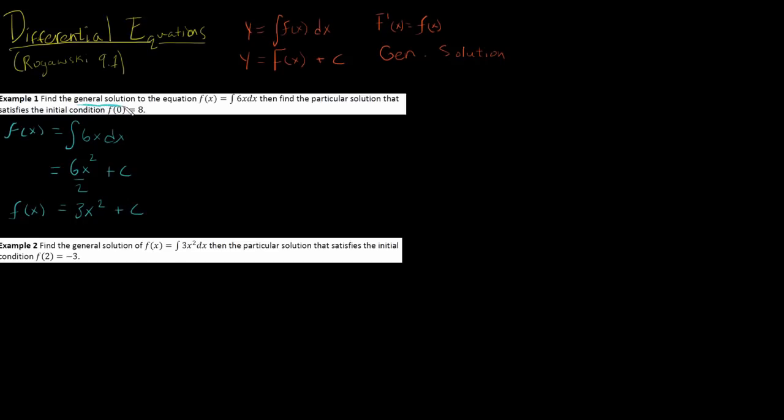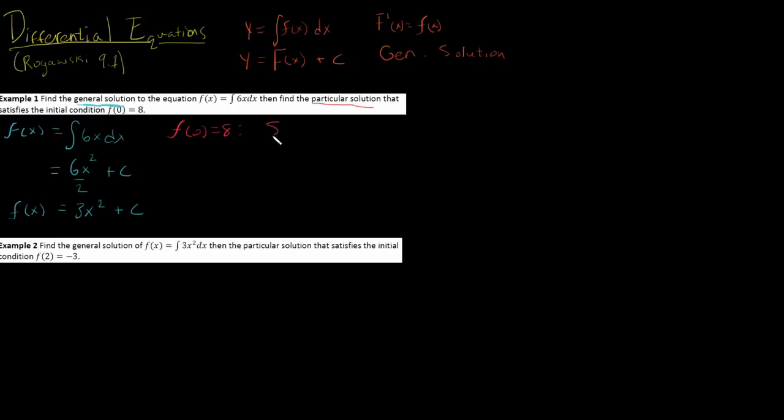We did that in this nice blue color. We'll do the particular solution in this reddish, orangish, pinkish shade. Our particular solution needs the initial condition that f of 0 is equal to 8. What that means is when x is 0, f of x is 8.